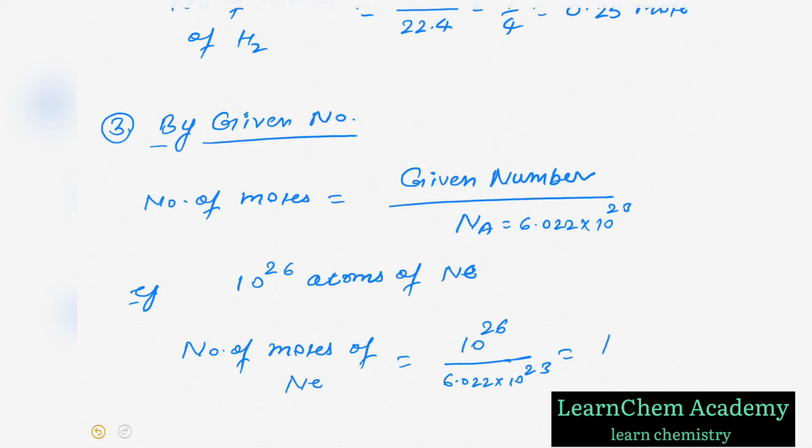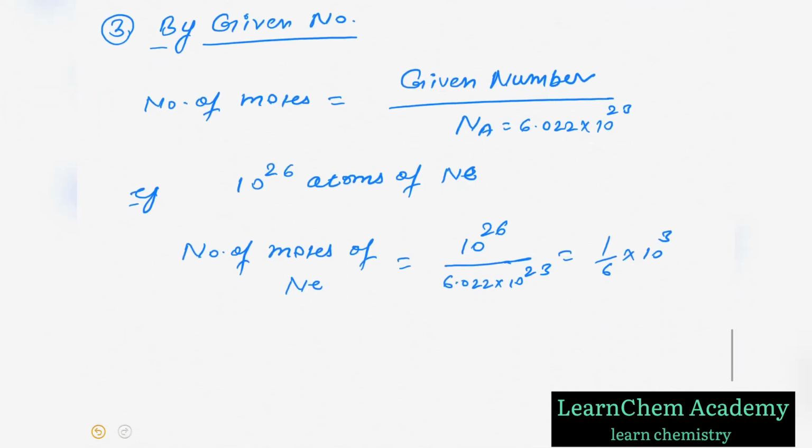So we will get 1 by 6 into 10 raised to power 3 moles of neon. Okay, so in this way we can calculate number of moles.